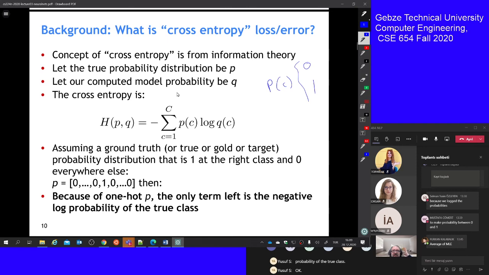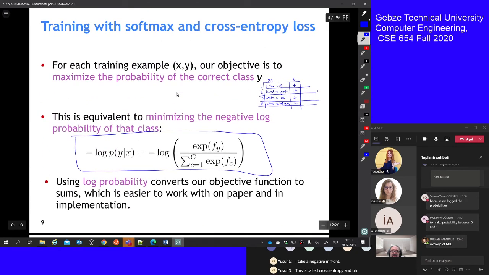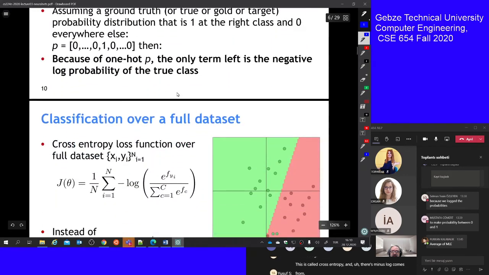So in my case, what I am doing is, I will get the probability of the true class that I am assigning. I get the true class from P. I find my model's probability assignment. I take the log of it and I take a negative in front. This is called cross entropy, and this minus log comes from there.